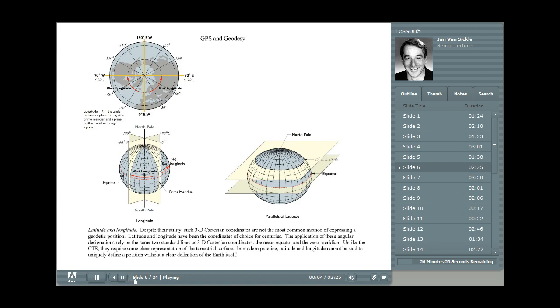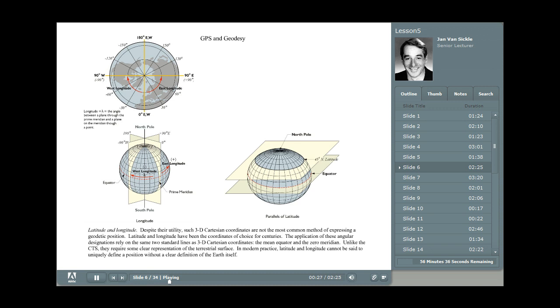Okay, let's step back a moment then and talk about perhaps more familiar coordinate systems. Latitude and longitude is fairly familiar to most. And here, of course, are some straightforward illustrations of those coordinates.